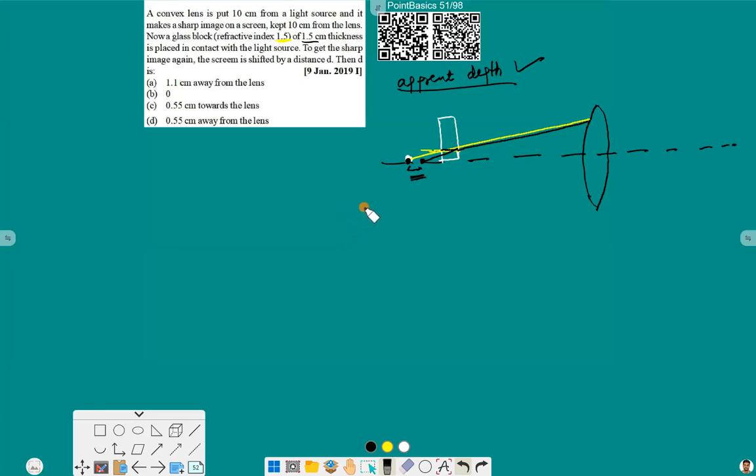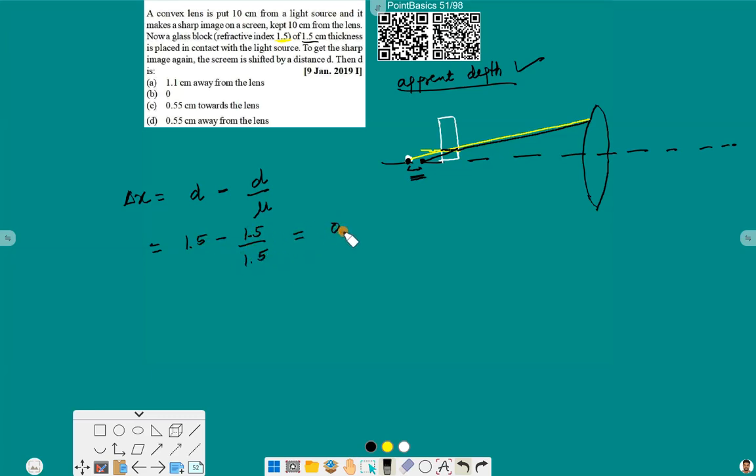So let's calculate the shift. Suppose that shift is delta x, that will be equal to the original depth minus d by mu, and that will be equal to the original depth of this glass slab, 1.5, minus 1.5 by mu, that is again 1.5.